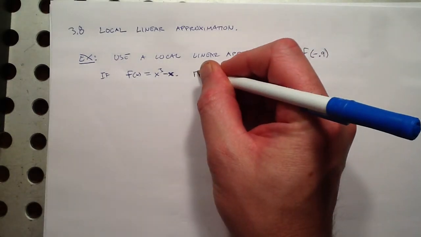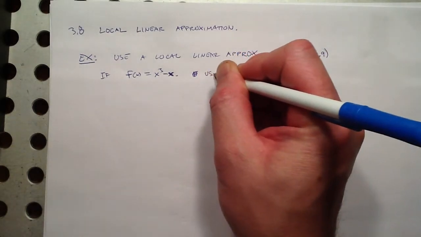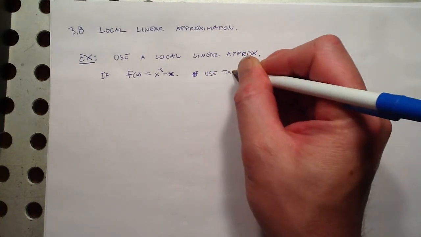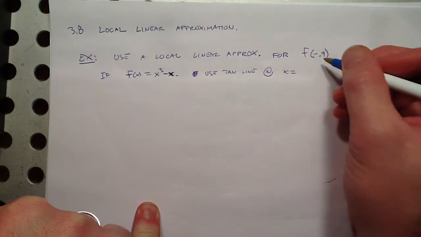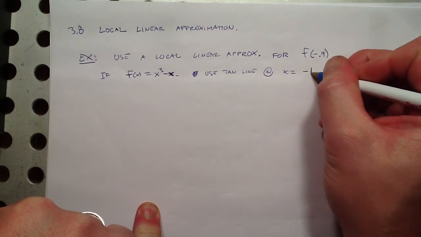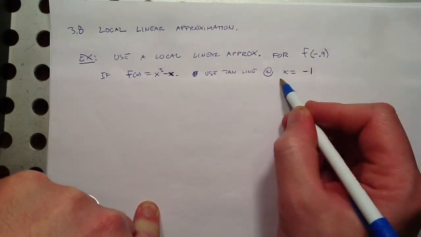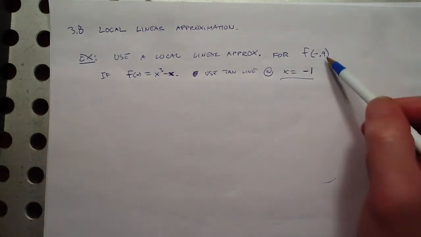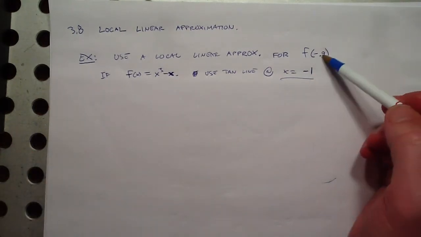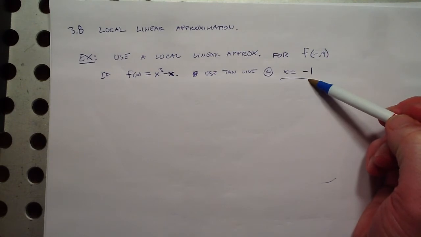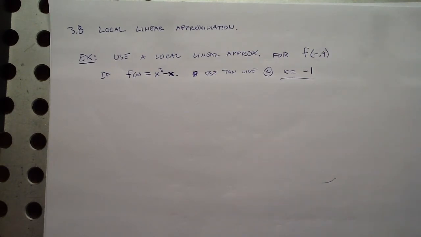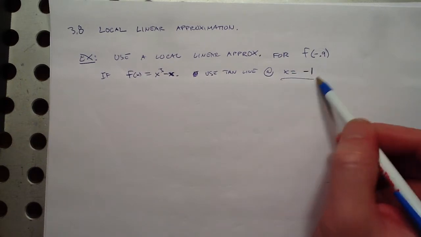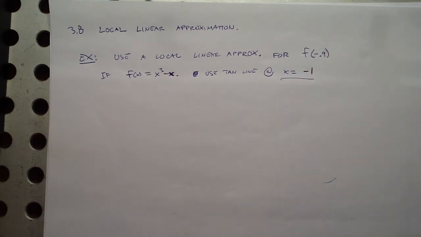So let's use the tangent line at x equals, very close to this is -1, right? So we'll find the tangent line at -1, and then we'll plug this into it because, hey, that's close to -1, right? So it should be a pretty good approximation. Sometimes you're told this, and sometimes you have to figure that out yourself, but it's always the nearest nice value.